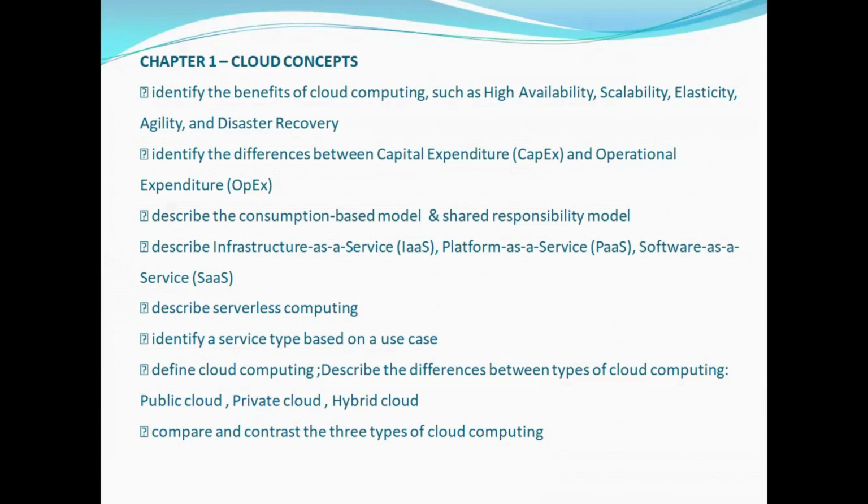Then we have different types of services, which is infrastructure as a service, platform as a service, software as a service, and the differences between each of them. Then we have serverless computing and what kind of service we need to use based on our business need. And what is cloud computing? Difference between 3 types of cloud computing: public, private, and hybrid. These are the contents we have in chapter 1. Now we'll see each one of them in detail.